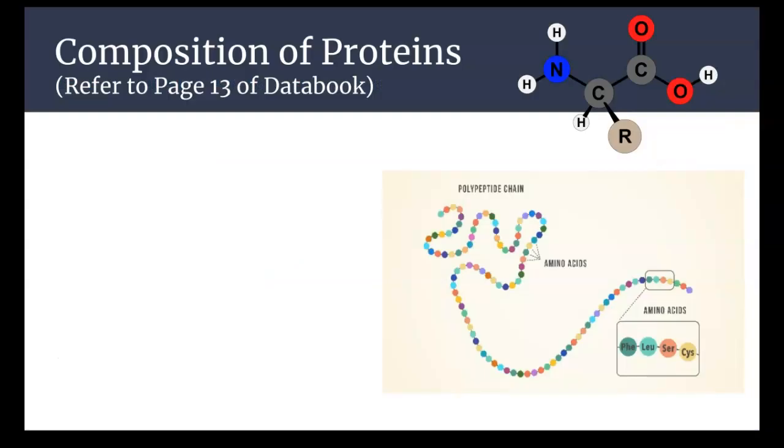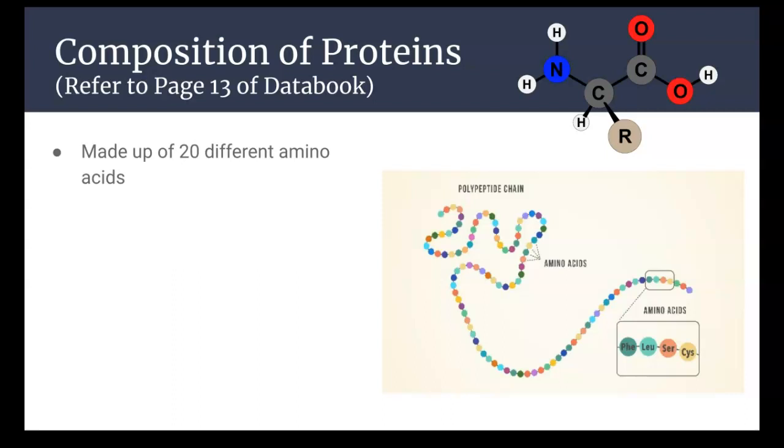So, we're going to talk a little bit about what proteins are made up of. Remember, proteins are super important because they make up things like hormones and enzymes, and our ligaments and tendons, and things like hemoglobin that transports oxygen in our blood, and antibodies, and so many other really important things. They're made up of amino acids.